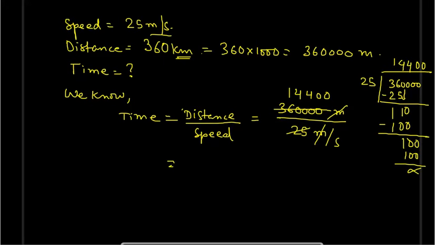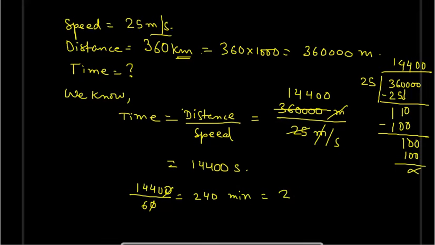How can you convert it into minutes and hours? I'm showing you. You can leave it to seconds also, no problem. But if you want to convert, what do you do? 14400 divided by 60. So once you divide it with 60, what do you get? You get 240 minutes.